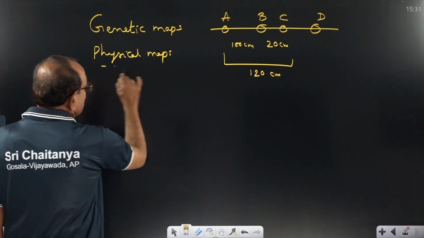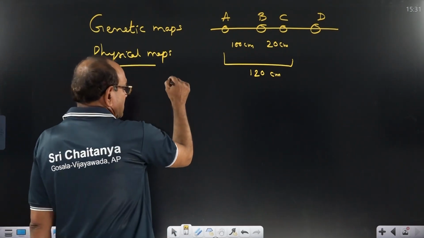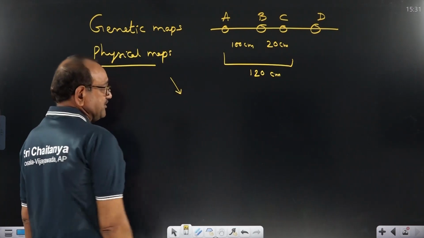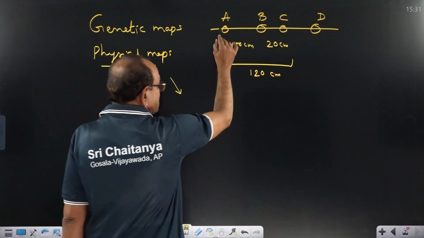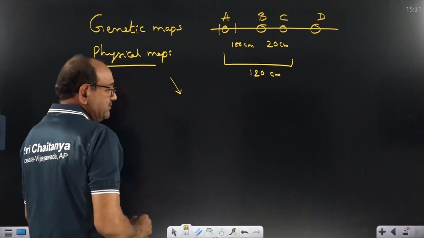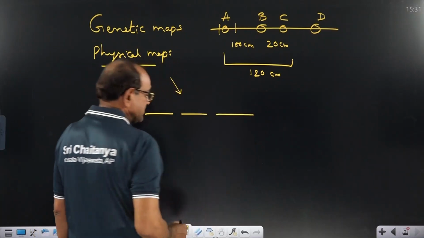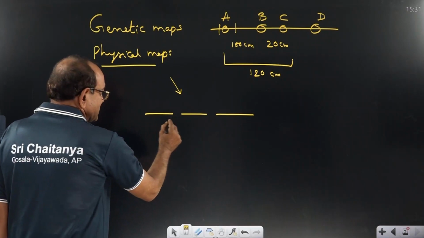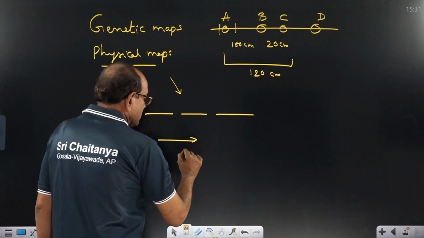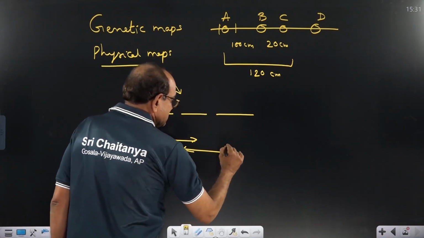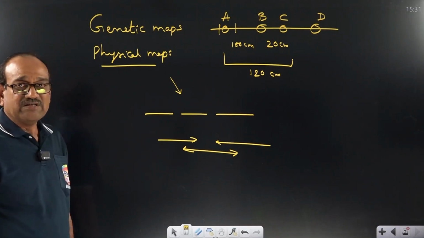Then physical maps. The advantage of a physical map is that we can pinpoint the position of a gene. For example, take this gene A. After identification of gene A, we have to cut this region of DNA into multiple fragments, as I told you previously, and sequence each fragment separately, and finally arrange them according to their overlapping sequences so that you can reconstruct the entire sequence of the gene.